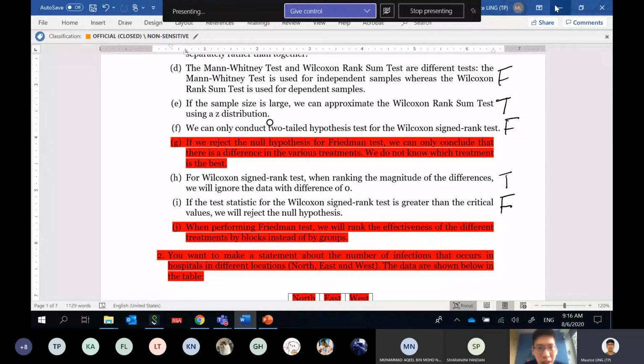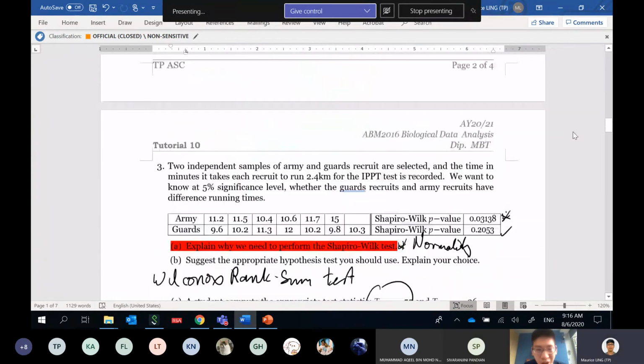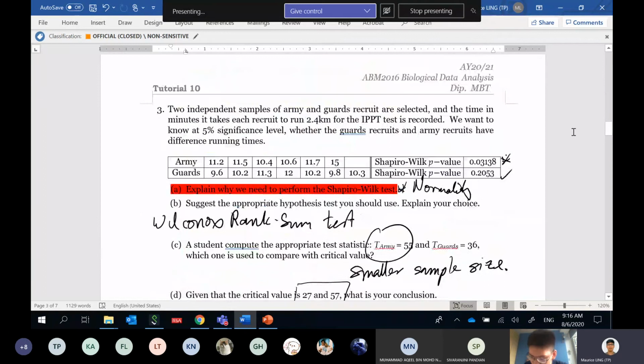Sir, may I ask concerning question 3B, the one about the Wilcoxon rank sum test? When we are trying to explain why we chose that test, it is because the data involves two groups with different individuals, and also because the army recruits sample does not follow a normal distribution, sir.